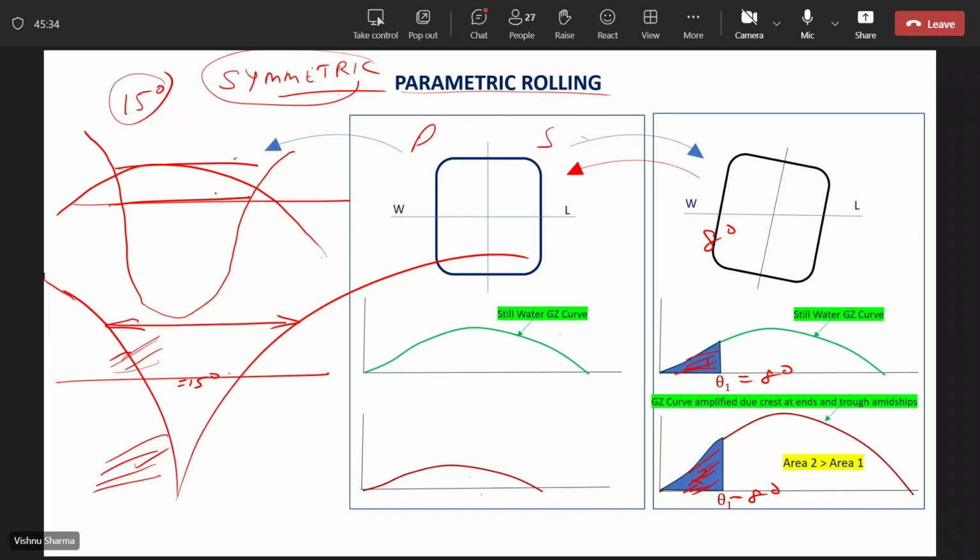Yes, we used to experience this parametric rolling, and when the weather used to be choppy, or not favorable, then the master used to come and advise to keep a lookout so that this situation is not generated in the first place. And then we had to follow this.